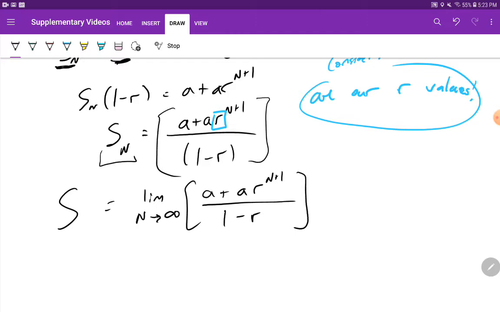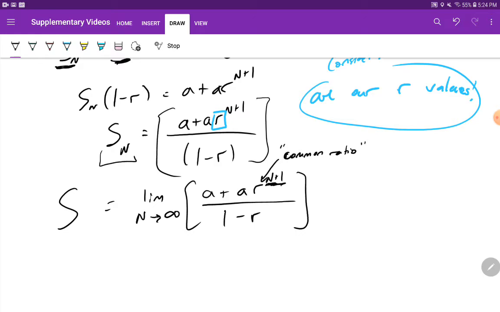So in this case, if we let this n continue to grow to infinity, go forever and ever and ever, think about it. R is a constant. This is going to be our common ratio in our geometric series.